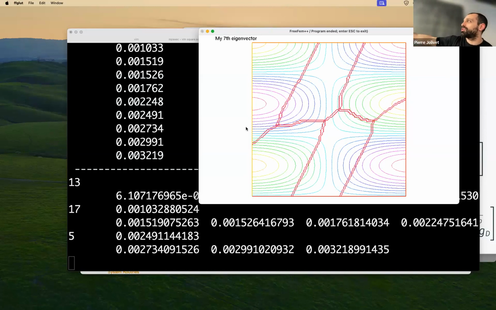So now the follow-up question is how to go back to a centralized eigenvector if you want to do some post-processing outside of parallel FreeFem, or if you want to do some analysis on something which is sequential and not parallel anymore, okay?